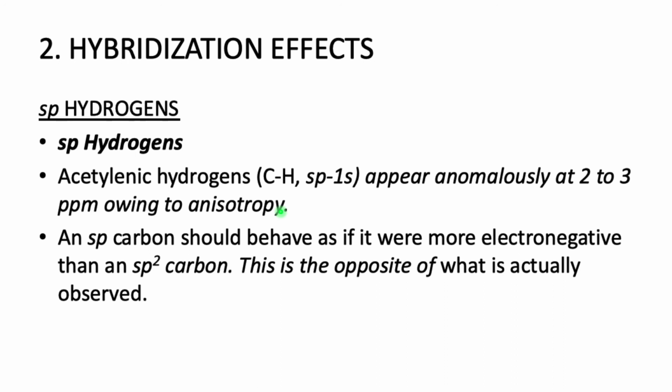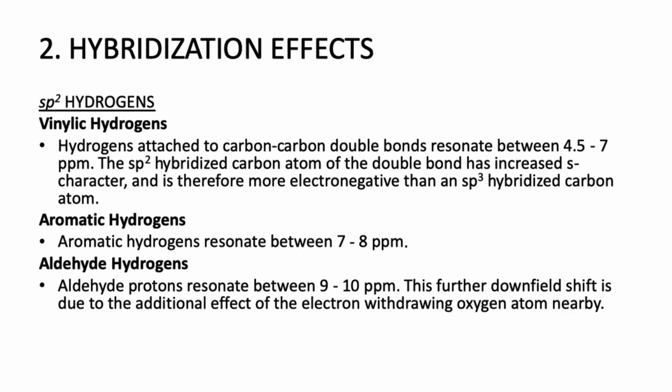Because of magnetic anisotropy, these acetylenic hydrogens tend to be quite shielded, so they appear at lower delta values. Theoretically, the acetylenic hydrogens should appear at higher delta values, but they appear at lower delta values because of this magnetic anisotropy. The case is similar with the aromatic hydrogens and aldehyde hydrogens.